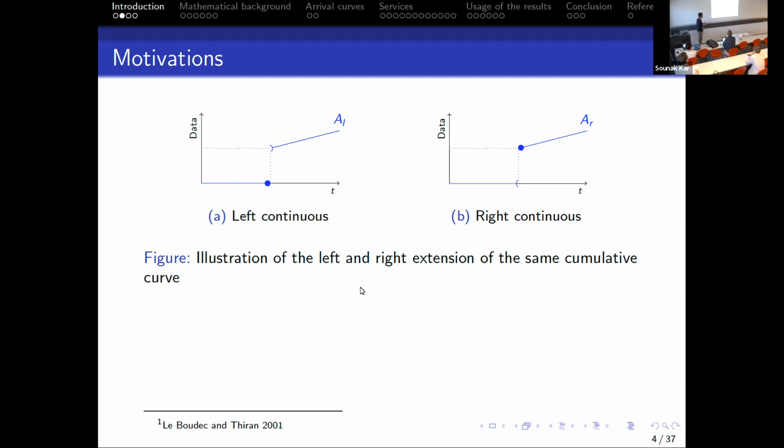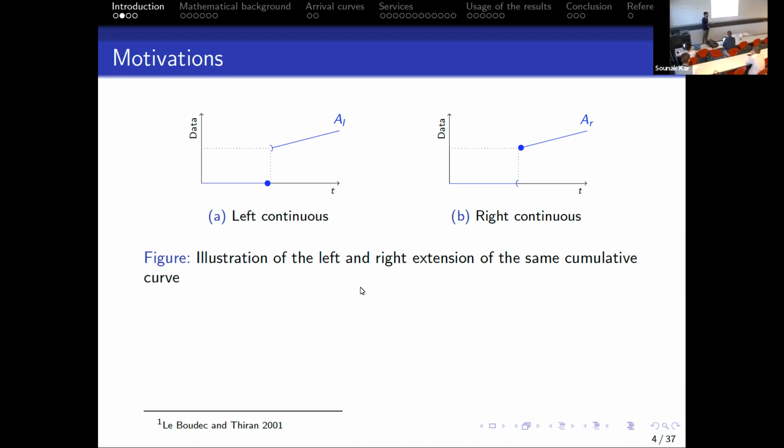I was a bit reassured when I saw that 20 years ago, that was also a difficult question. So after reflection, the left continuous cumulative curves won the fight, and we mostly developed all the theory around the left continuous assumption. So in the following talk, I will speak about left world for all the results and studies developed with the assumption of the left cumulative curves.